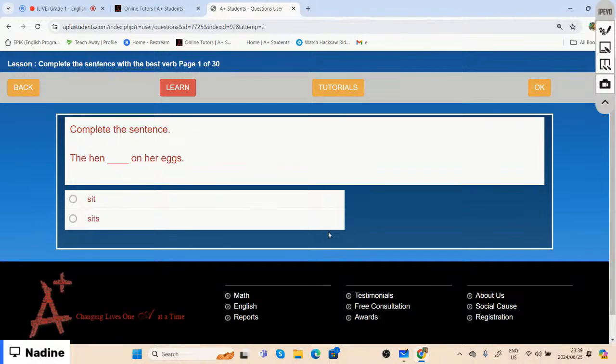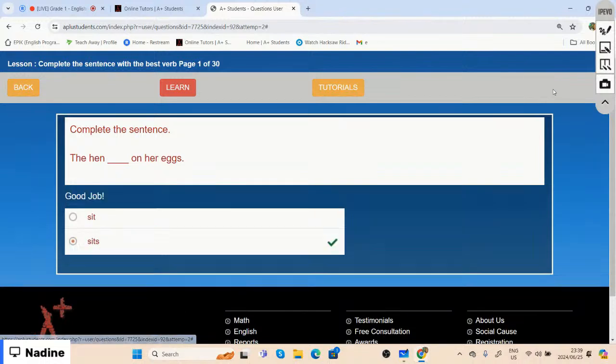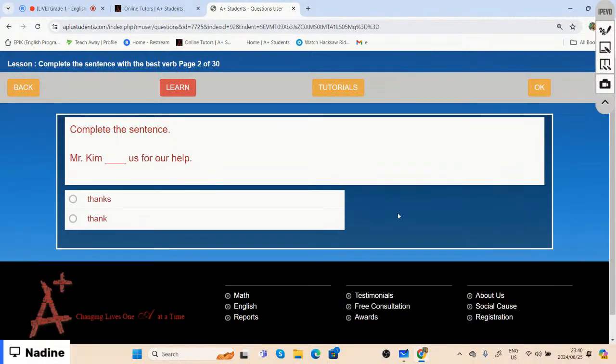Because we are referring to one hen. All right. And if we were to choose the correct one, then we would say the hen sits on her eggs. Well done, guys. Sits is correct.